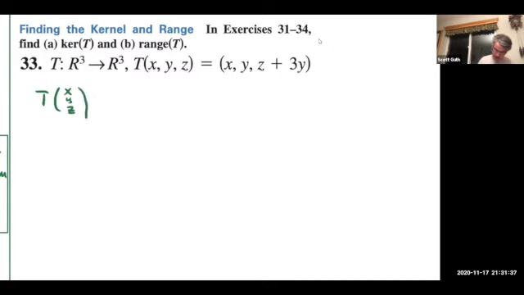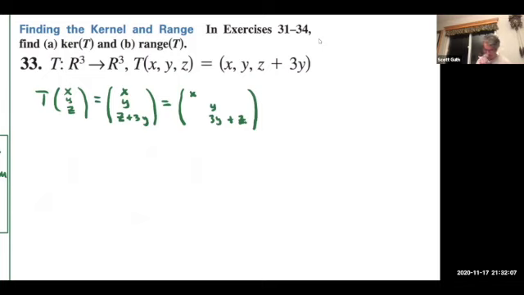The first coordinate is going to be X, second coordinate is Y, third coordinate is Z plus 3Y. So you put it so that the X's are lined up and the Y's and the Z's. So your X would just be alone, and the Y is going to be alone, and then right below the Y, do a 3Y plus a Z.